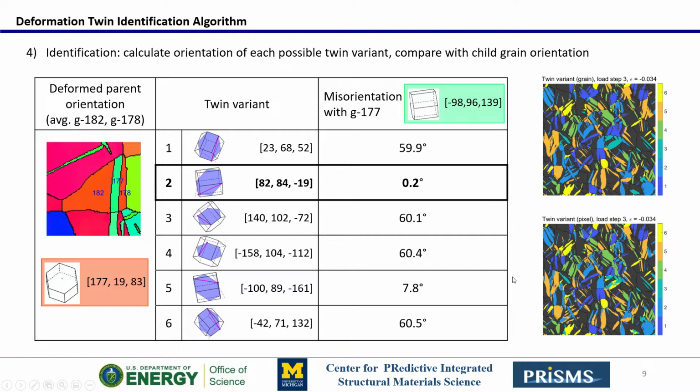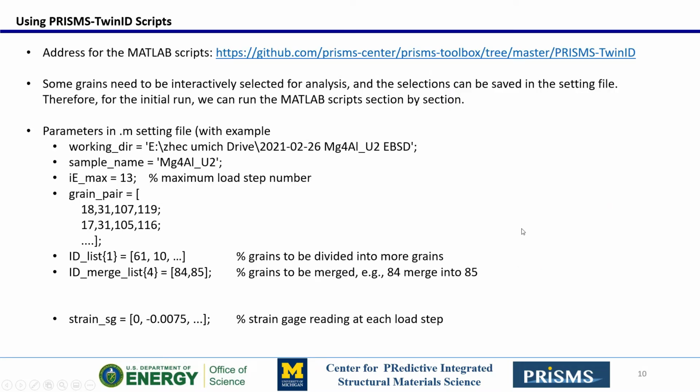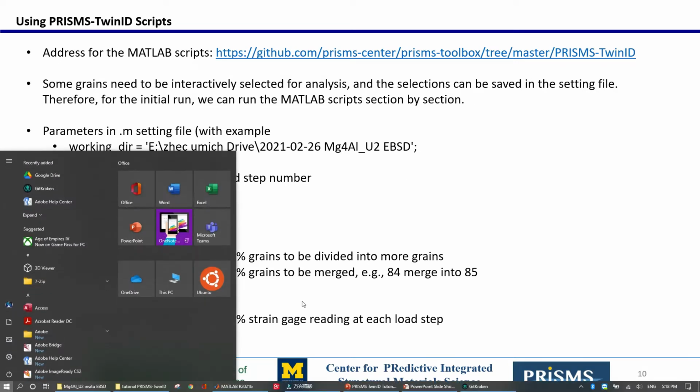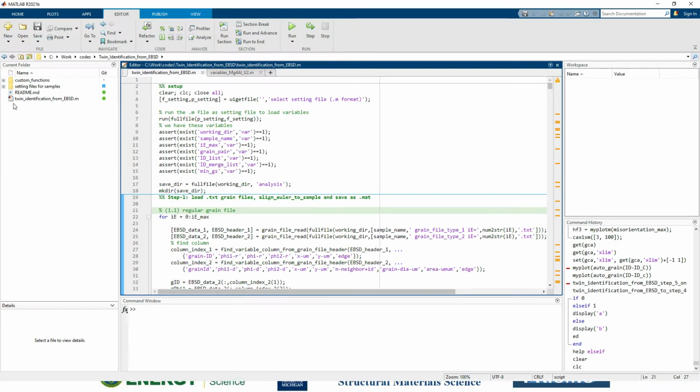In the next section, we are going to look at an example of how to run this MATLAB script using data from a real sample. The MATLAB script can be downloaded from this GitHub address. After downloading, this is what you have in your folder.